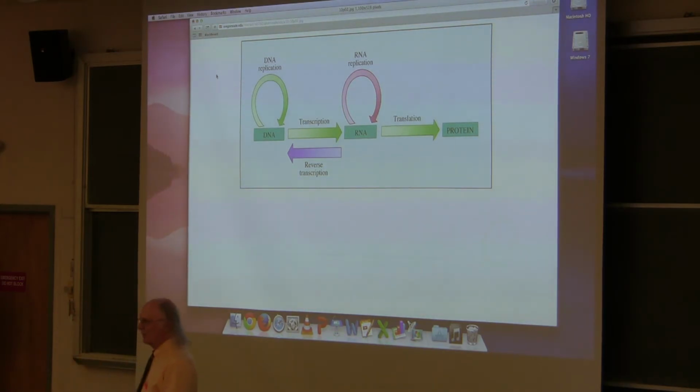Retro. We all know what retro is, right? Retroviruses go backwards. They go from RNA back to DNA. The most common retrovirus that you know of, you've heard zillions of times in your life, is known as HIV. HIV is a retrovirus.